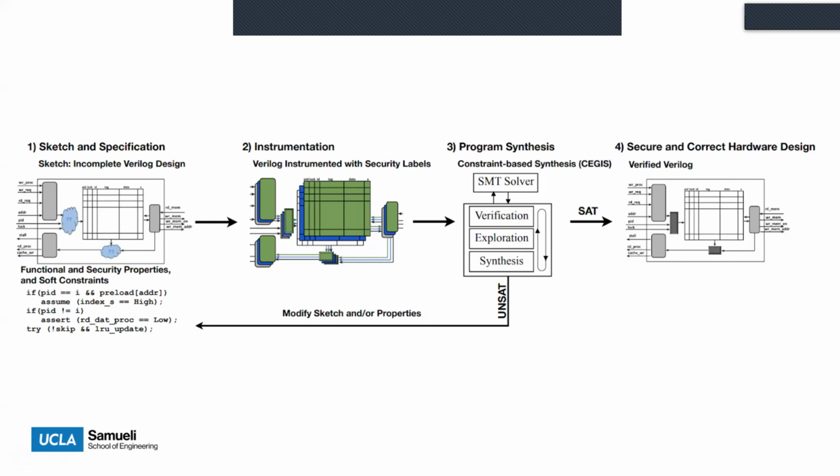If the result can pass all the requirements, it could generate a secure and correct hardware design. Otherwise, the designer will need to modify the requirements, such as the soft constraints and hard constraints, to repeat the whole process.